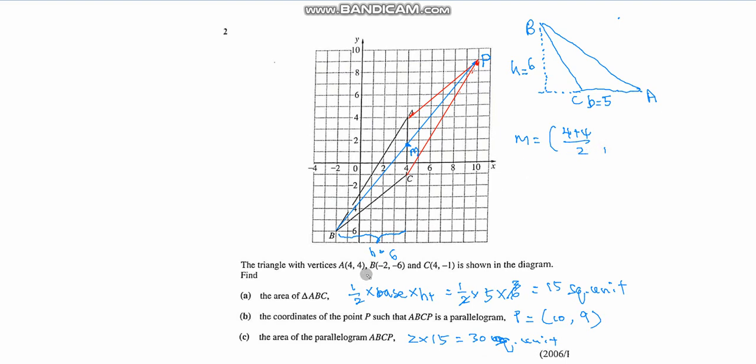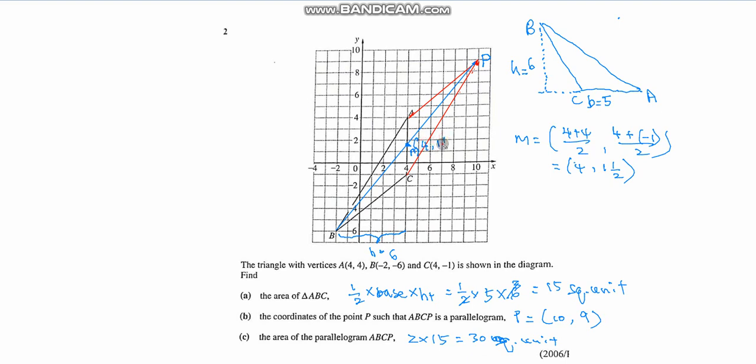Then the y coordinates of A and C, which is 4 plus minus 1, over 2. That will give you 4 and 1.5.